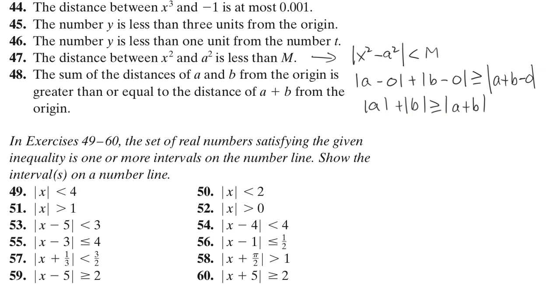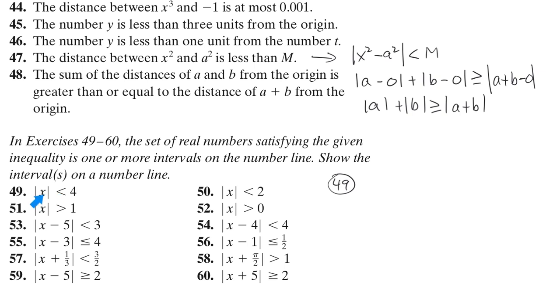Well, that is the triangle inequality theorem. So that's valuable. That'll lead us into exercise number 67 for sure. And that leads us into these graphs for these. So maybe for 49, do a few of these. Number 49, this is a less and, right? Less and, these are going to connect.